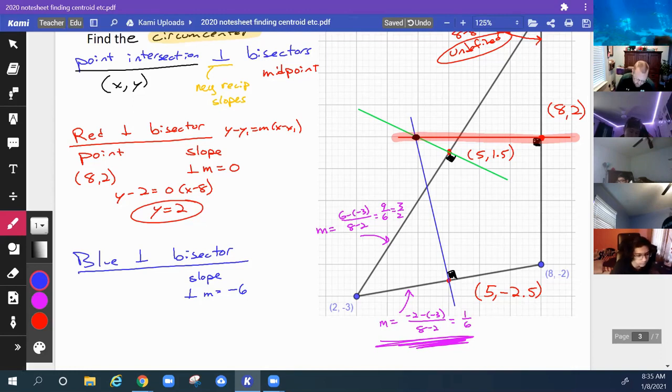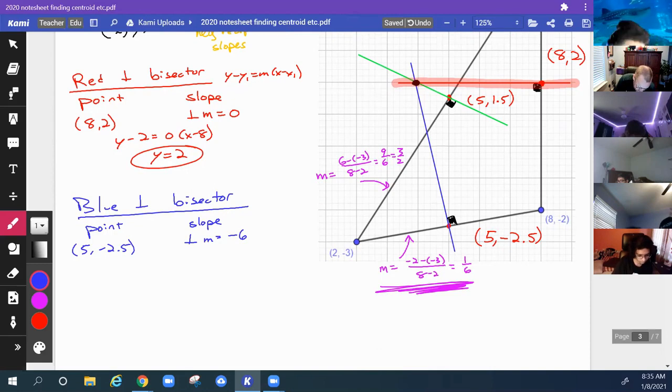And if I'm going through that, then I need a point. And remember, the point that it goes through is going to be a 5 and a -2.5. So all I got to do is write my equation of this blue line.